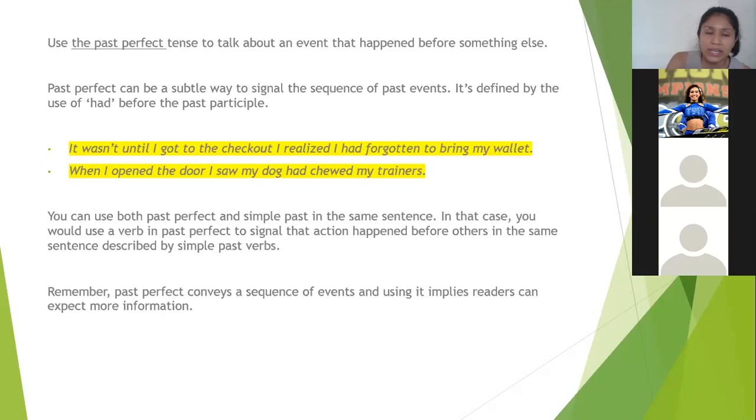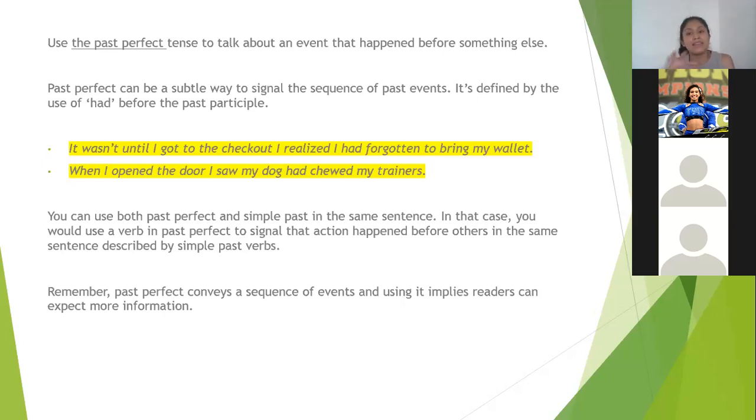You can use both the past perfect and simple past in the same sentence. Why? Because since it is a sequence, you have to mention what happened first, what happened then, and then the last. Let's say the last action is the one that is going to be with the past participle, because it's the one that is explaining that, because the two actions that already finished are the ones that are in simple past.